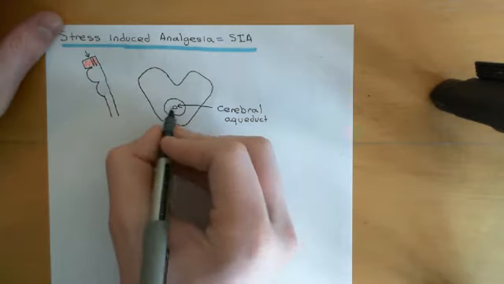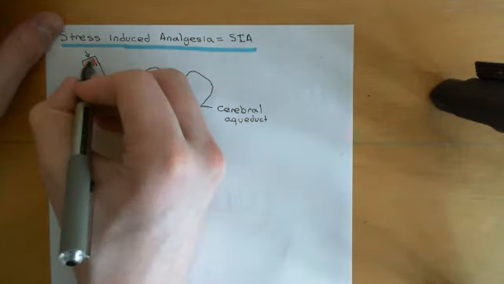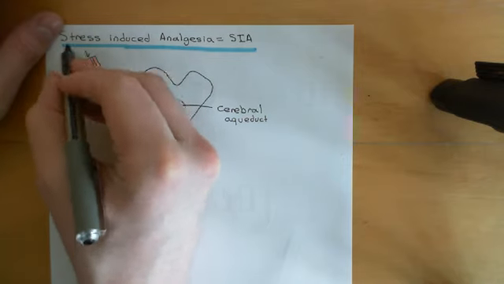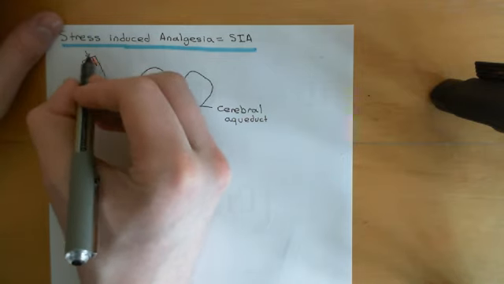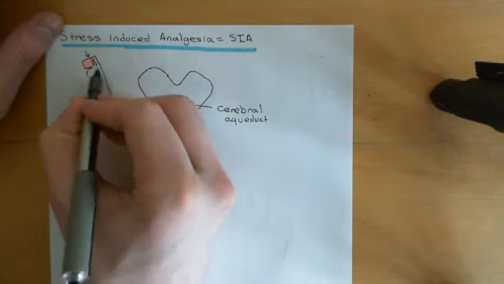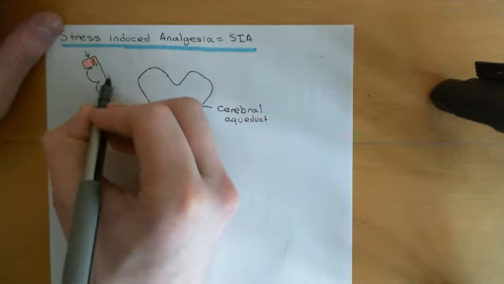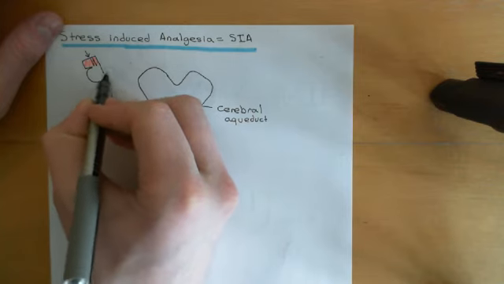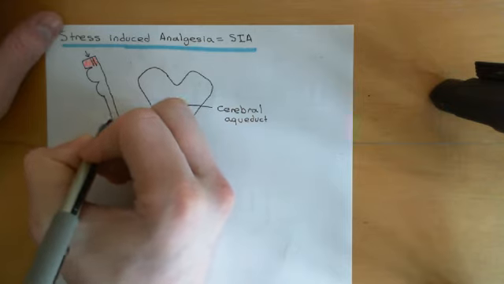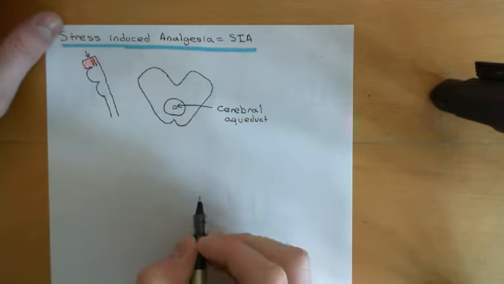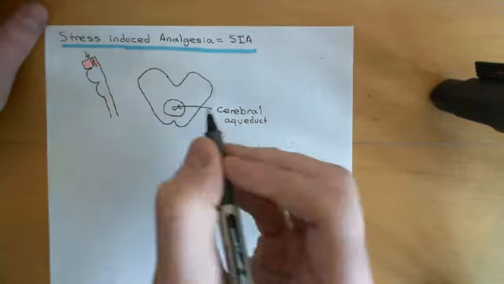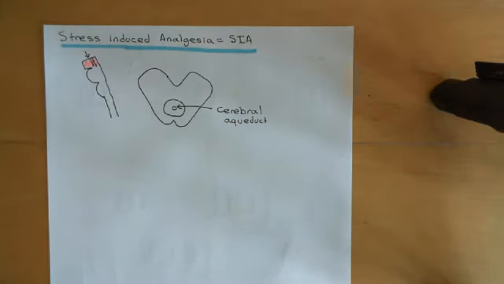What it actually does is connect to a large store of cerebrospinal fluid above the midbrain, which is known as the third ventricle, and it also connects to a store of cerebrospinal fluid below it, down behind the pons and medulla, which is the fourth ventricle, and then the fourth ventricle connects into the central canal, which goes down the spinal cord. So this is just a little tube that goes through the midbrain, which has cerebrospinal fluid in it.